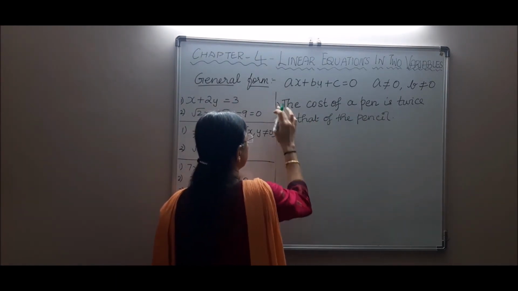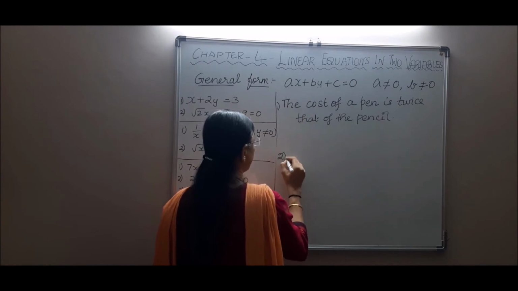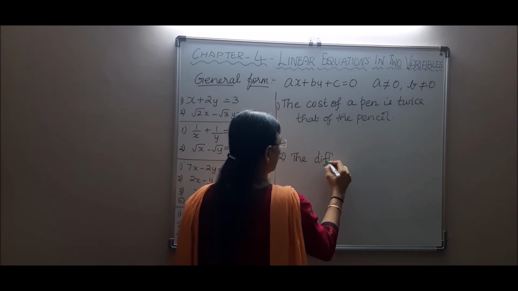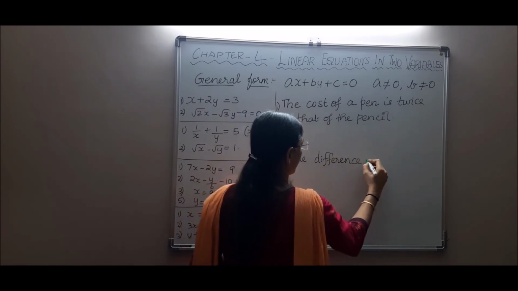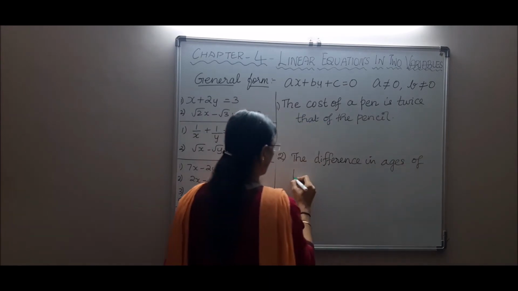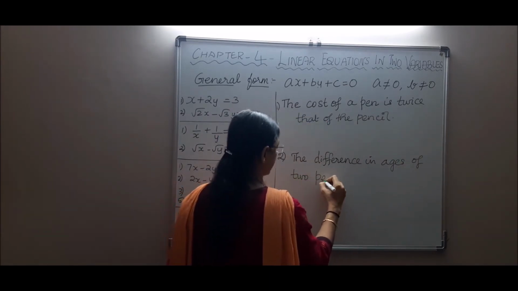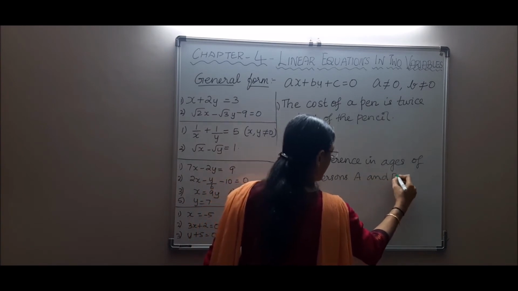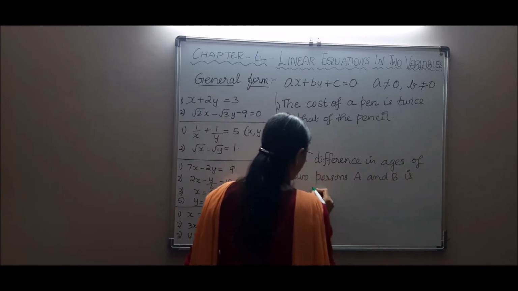And see the next example. We can take another example. The difference in ages of two persons, like A and B, is 15.